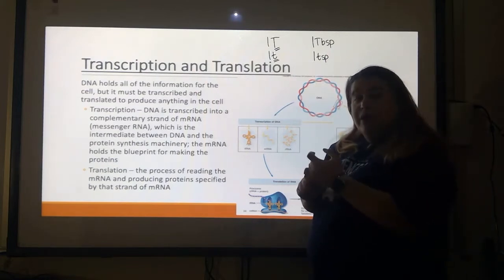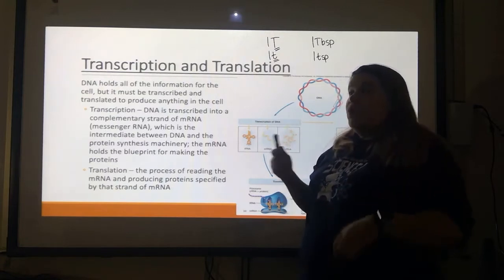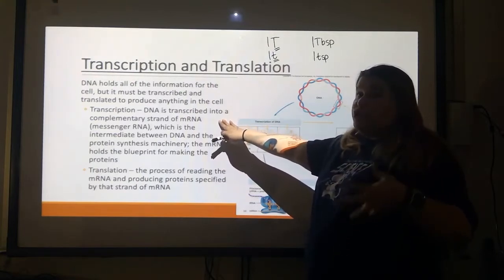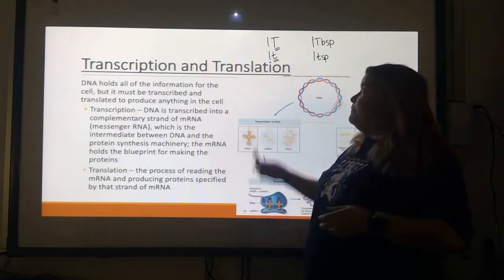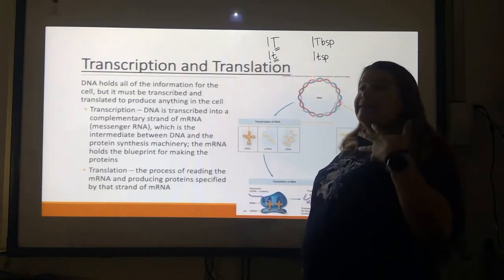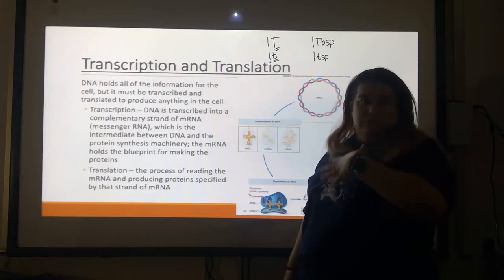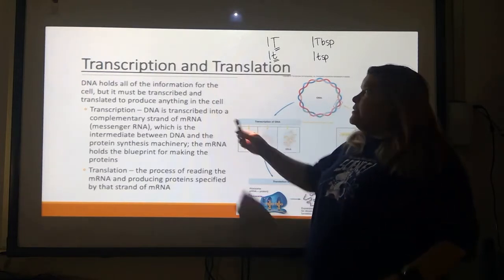mRNA, remember, RNA has uracil. It does not have thymine. When I write the complement to the sequence that I am transcribing, it's going to be a little different. It's still the same recipe. It's just my own handwriting. It's my own abbreviations.